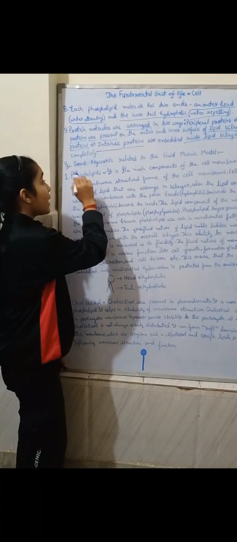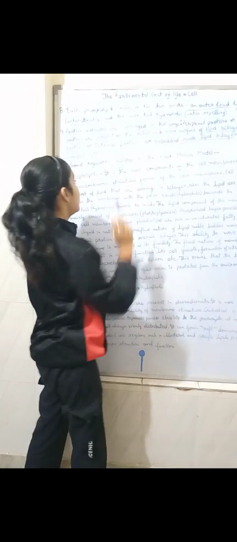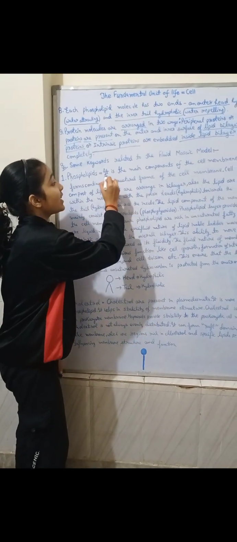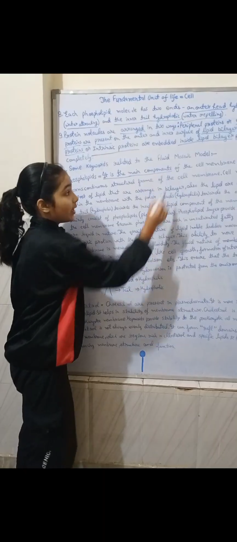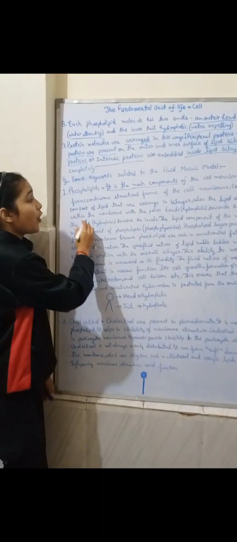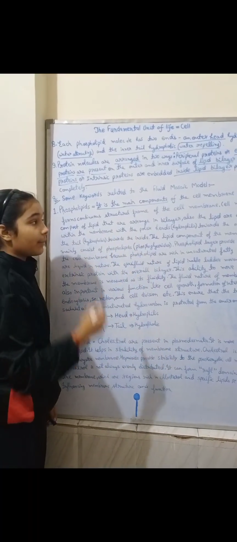10th point. Some keywords related to the fluid mosaic model. First is phospholipid. It is the main component of the cell membrane because it forms the continuous structural frame of the cell membrane.